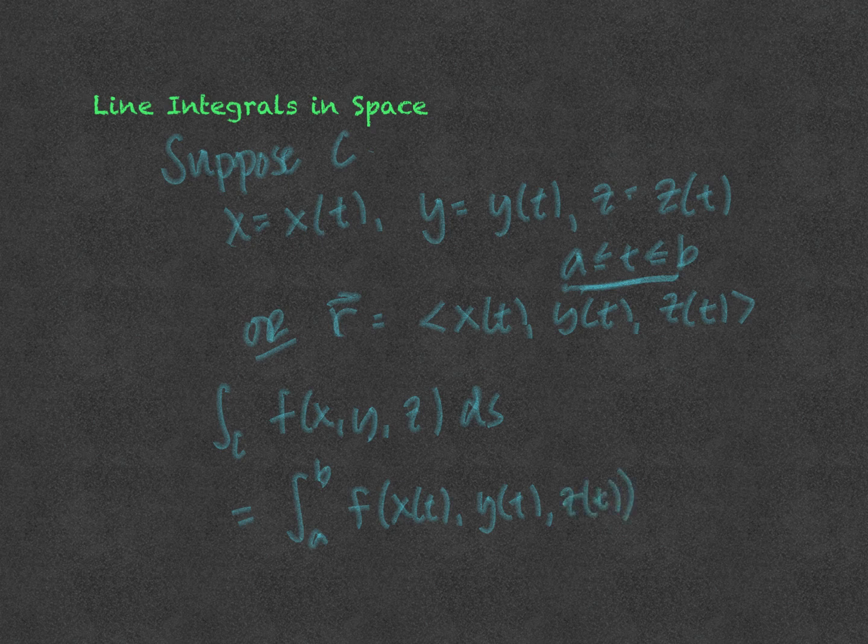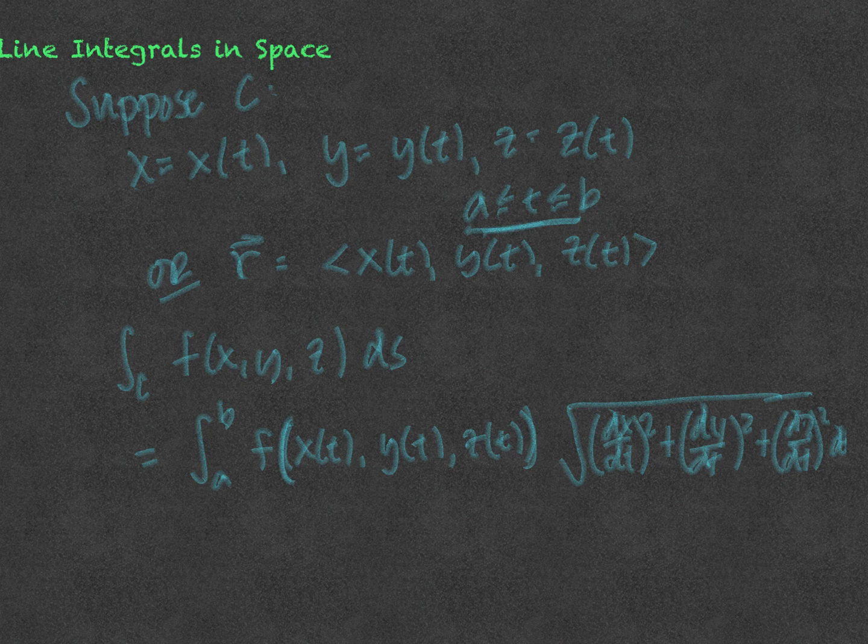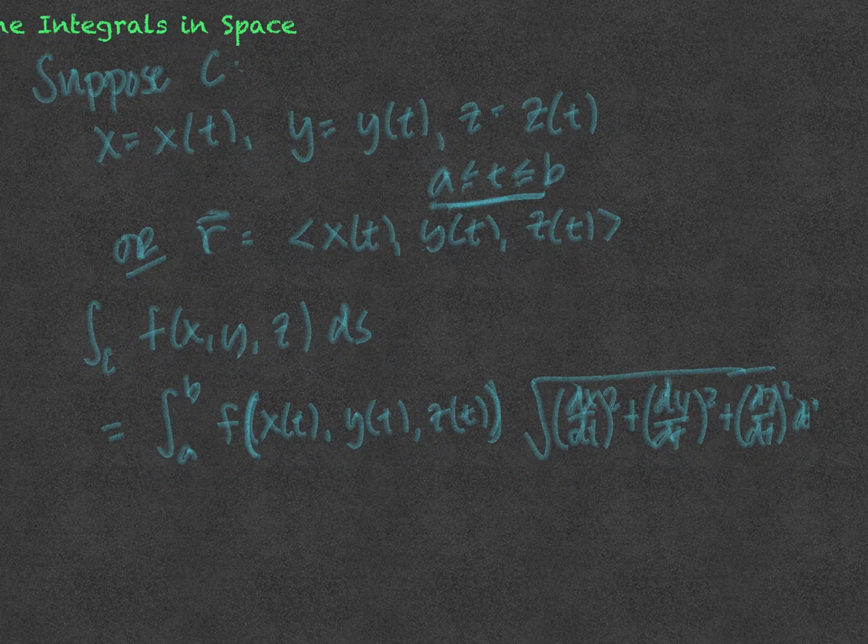But you have x, y, z in terms of t. Do you see this? X, y, z in terms of t. And then we have the arc length for 3 space. So we have dx over dt quantity squared plus dy over dt quantity squared plus dz over dt quantity squared with respect to t. So you're doing the same thing, we're just moving into 3 space.